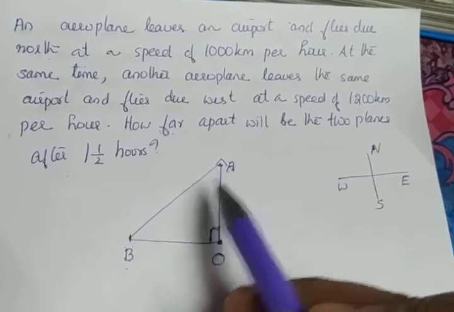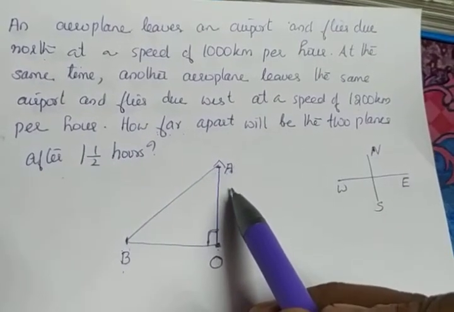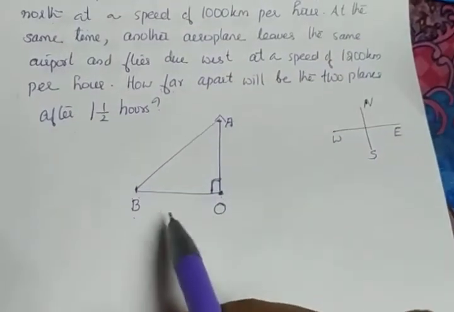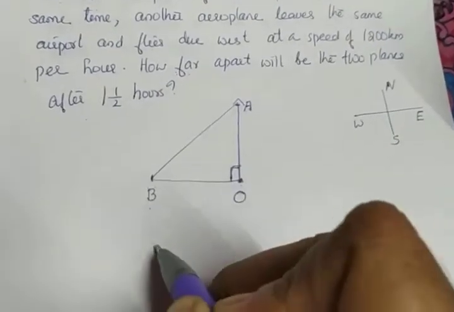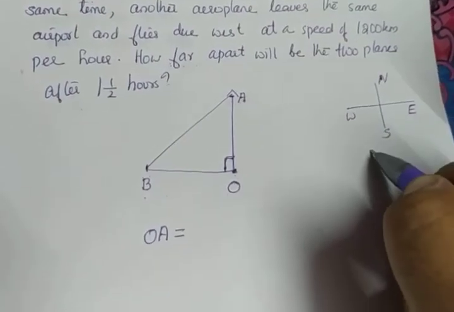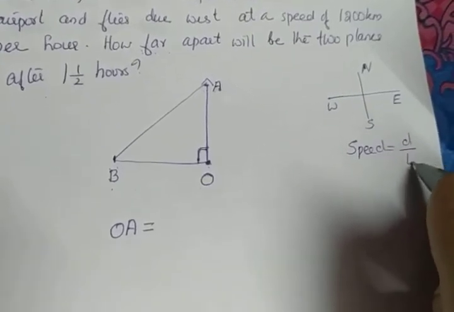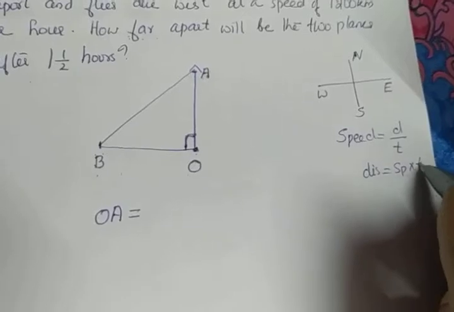To find AB, we require OA. OA is the distance traveled by the plane in 1.5 hours. Same way, OB is the distance traveled by the second plane in 1.5 hours. How can we find the distance? We have a relation: speed is equal to distance divided by time. From that, distance will be equal to speed into time.